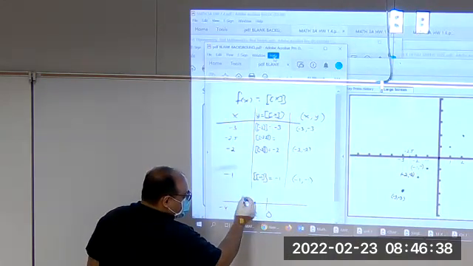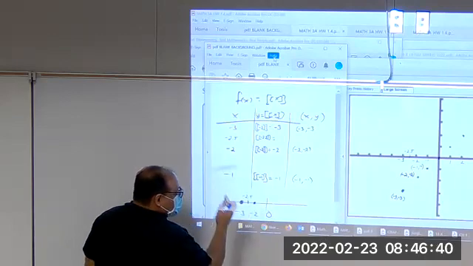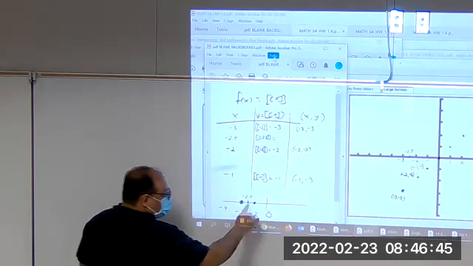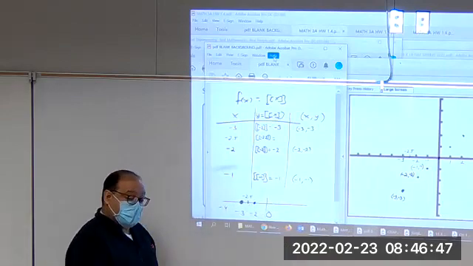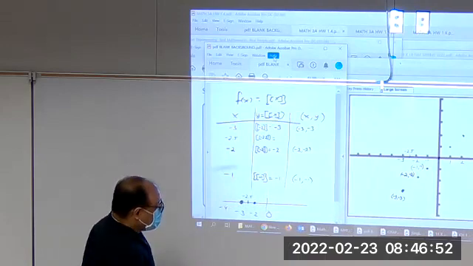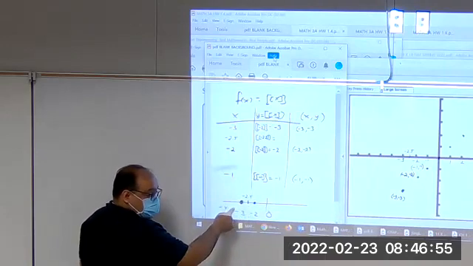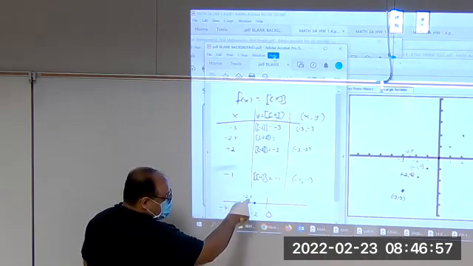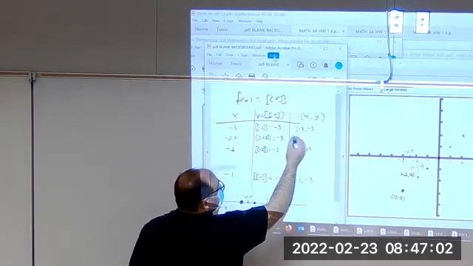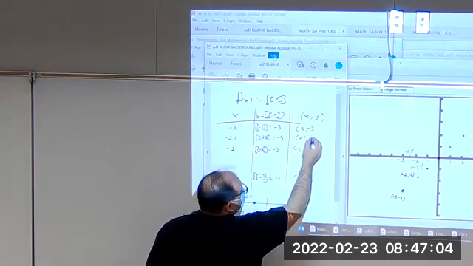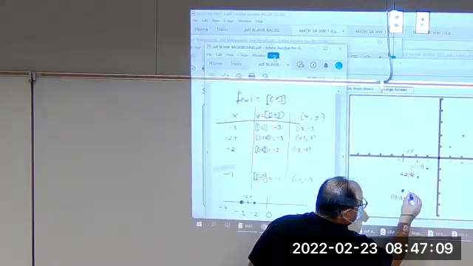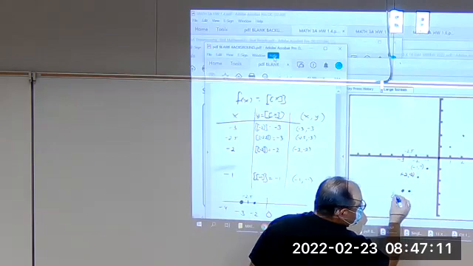If I'm here at -2.5, the biggest integer that's less than, to the left, or equal to -2.5. -2.5 is not an integer, so I have to go with the integer that's less than it. What's less than -2.5 is -3. So when I plug in -2.5, I get -3. So right here, I'm going to get -3. So it's side by side right here.